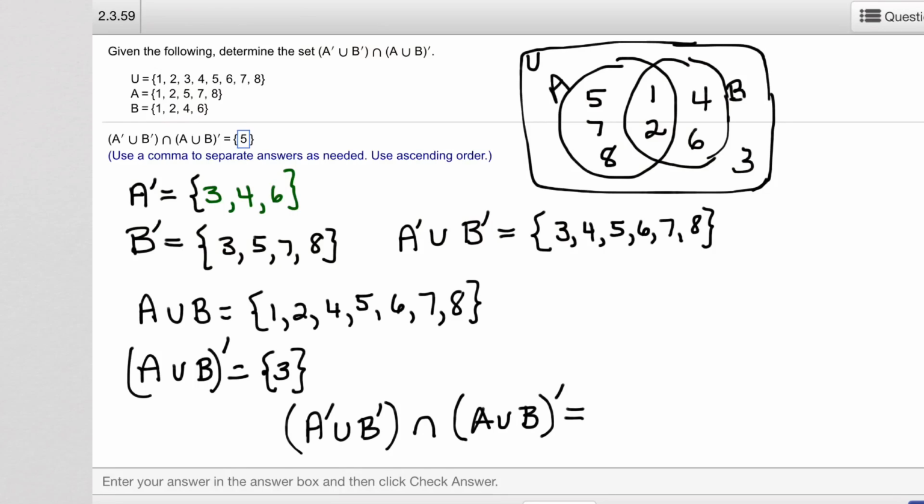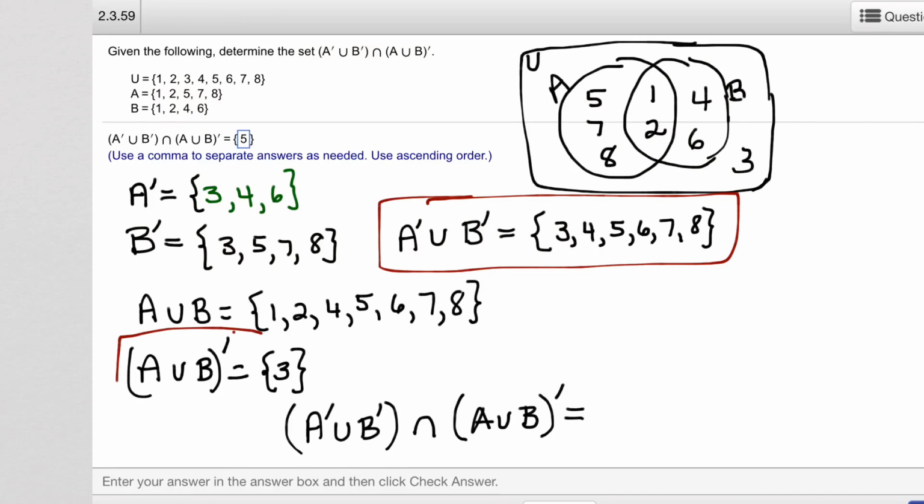So what is the intersection? I'm going to circle these in red. What are the two sets we're looking at? Okay, here's the first one. We're going to intersect that, A prime union B prime, with A union B prime.